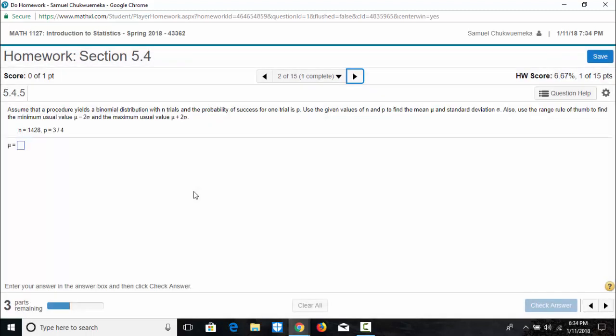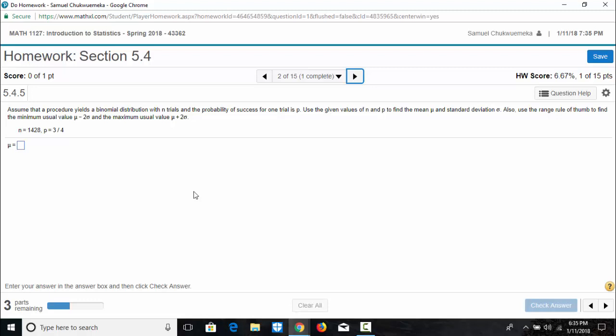Question 2. Assume that a procedure yields a binomial distribution with n trials and the probability of success for one trial is p. Use the given values of n and p to find the mean mu, that's the population mean mu, and standard deviation sigma, lowercase sigma, that is the population standard deviation.